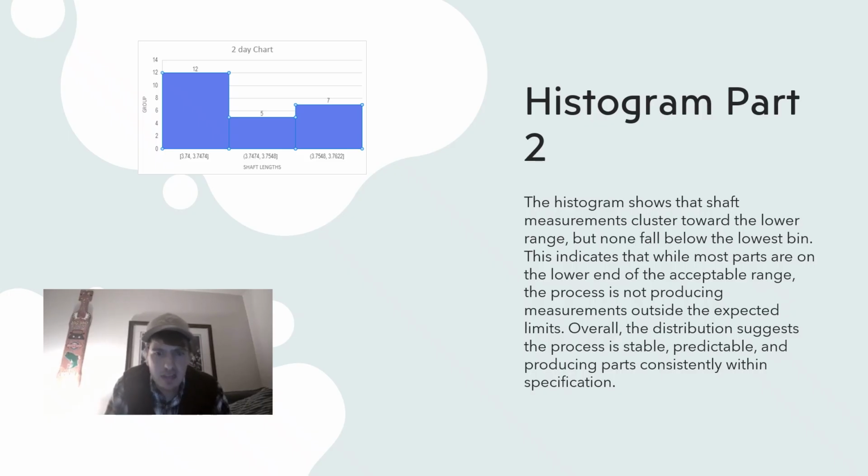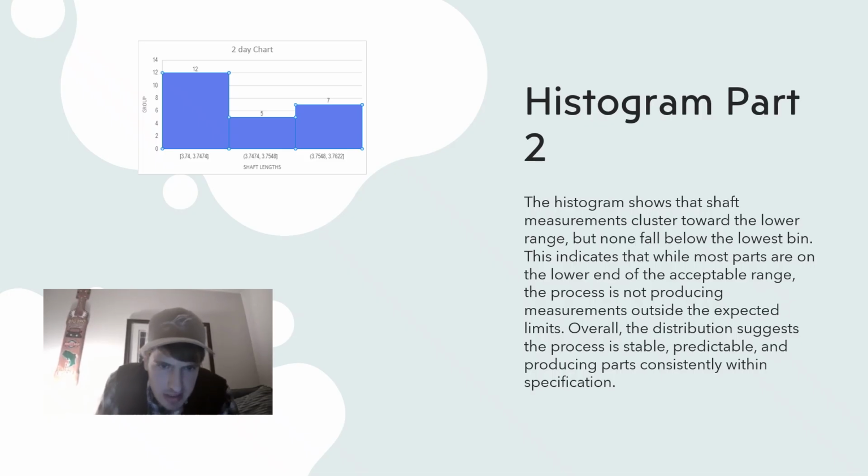Only 3 bins. So this indicates that while most parts are on the lower end of the acceptable range, the process isn't producing measurements outside our expected limits. Overall, this histogram suggests the process is stable, predictable, and producing parts very consistent.